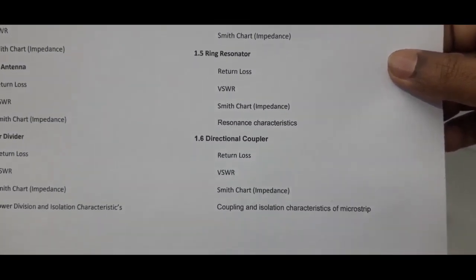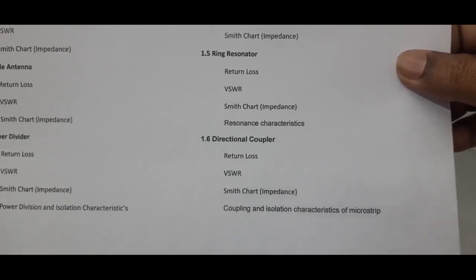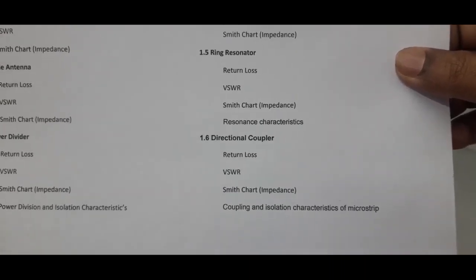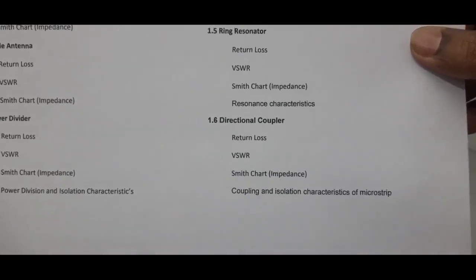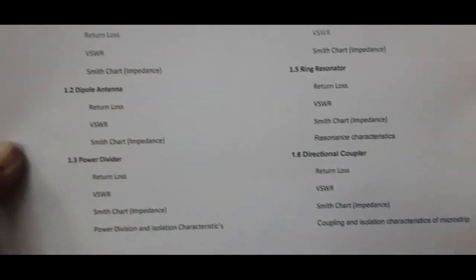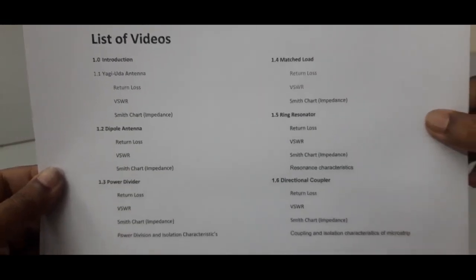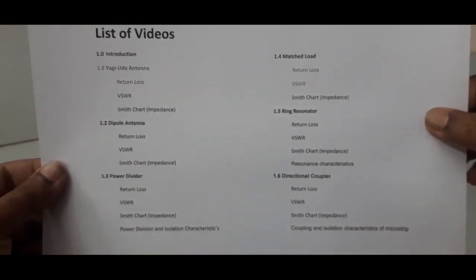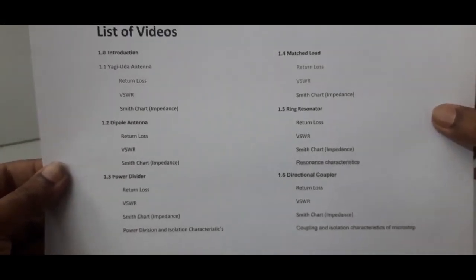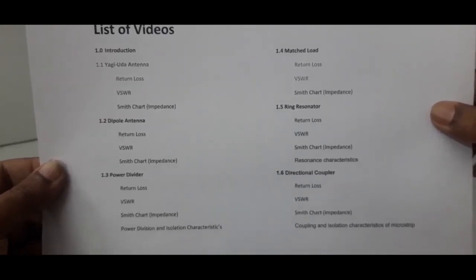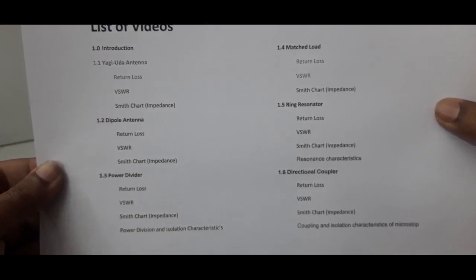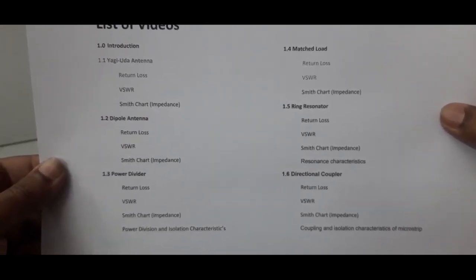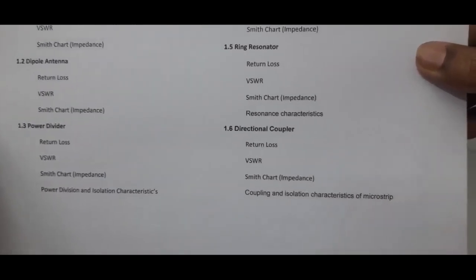There also we have return loss, VSWR, Smith chart, and the coupling and isolation characteristics of the microstrip directional coupler. So, this is the list of videos. This is the introduction video, and then in total 1.0 to 1.6 means 7 videos. Please watch all our videos.